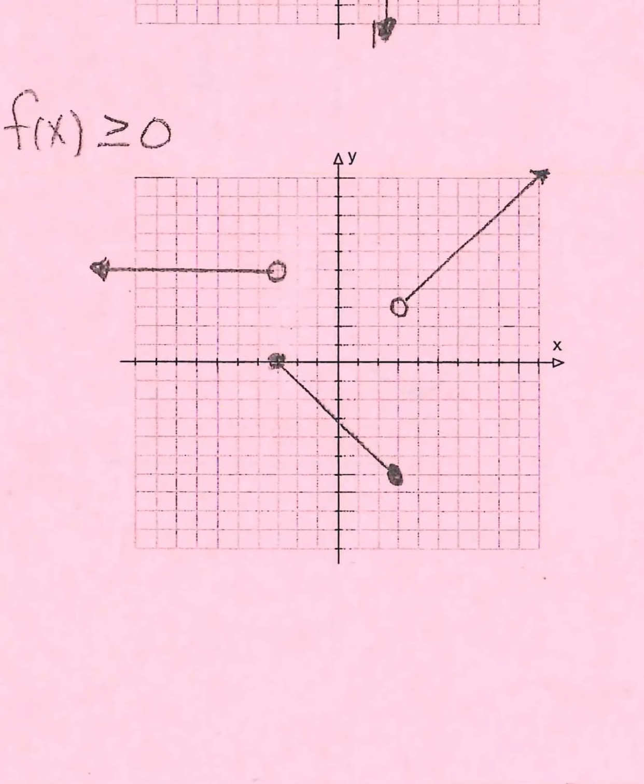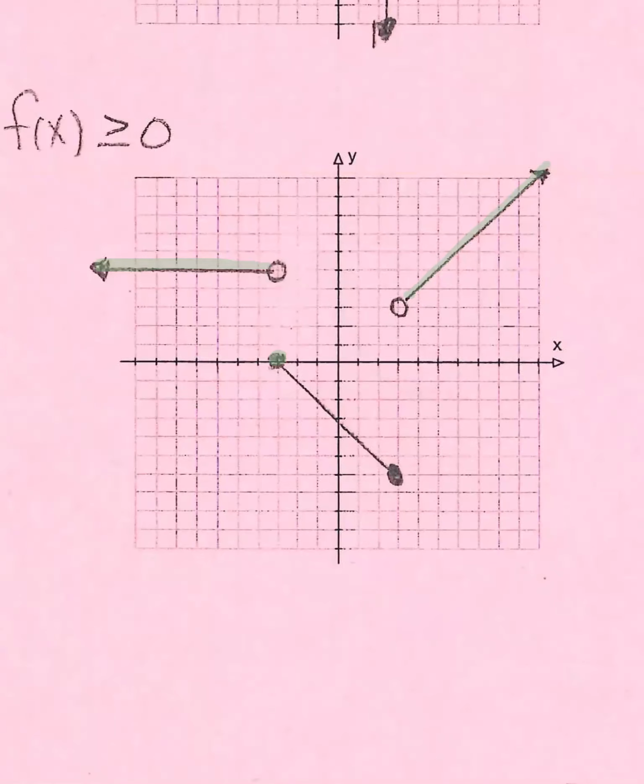Well, it's certainly greater than or equal to 0 on this branch, right? It's equal to 0 right here. And then it's also greater than or equal to 0 over here. So I have these pieces to look at.